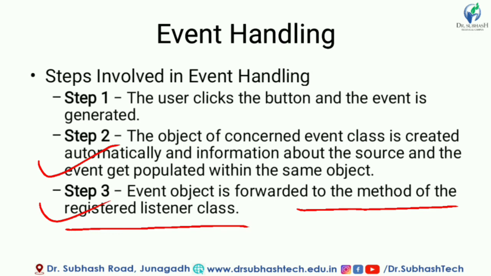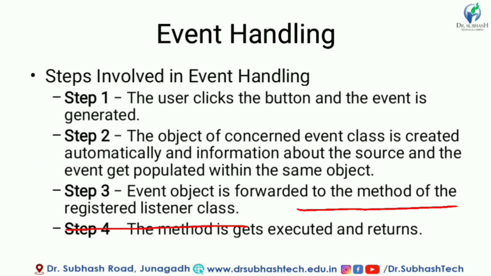Then the fourth step: the method gets executed and returns. Whenever we pass the object to that method, the method will be executed, handle the event and give the response to the event. If we revise all these steps: in step 1 the event is generated. In the second step, the event object is created according to the event. For example, for a button event, the ActionEvent object is created.